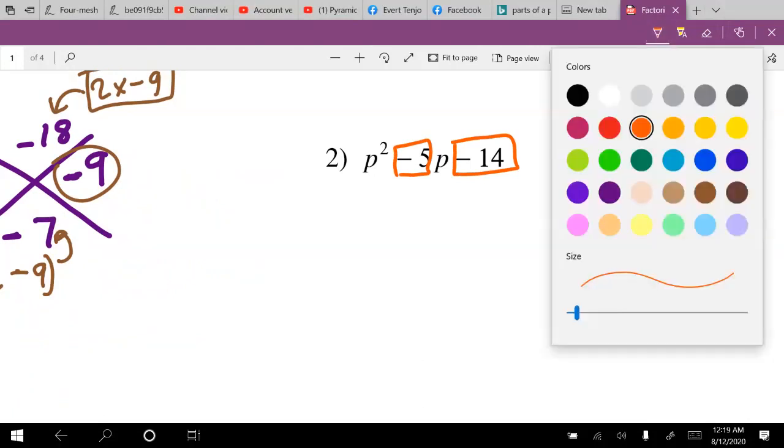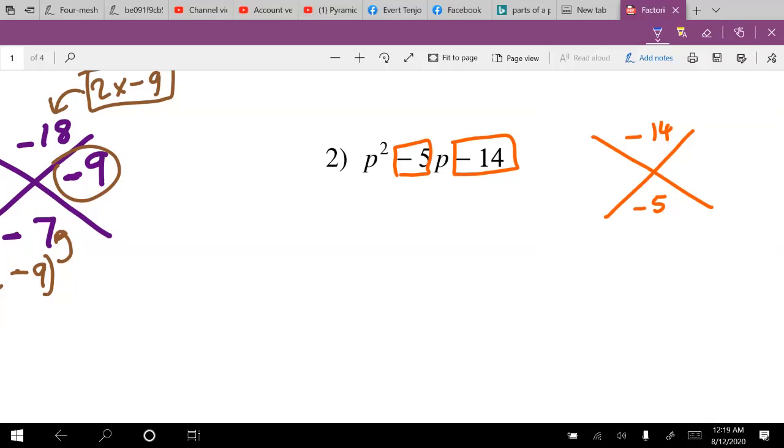Let's try negative 7 times 2. So let's see this. Negative 7 times 2 will give us negative 14. And if we add negative 7 plus 2, we're gonna get negative 5.